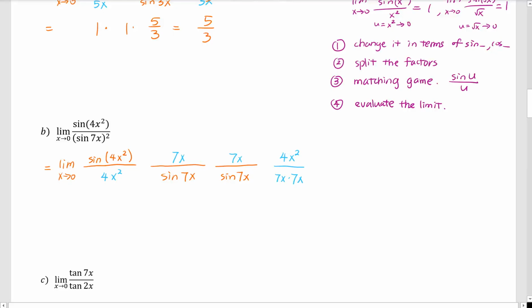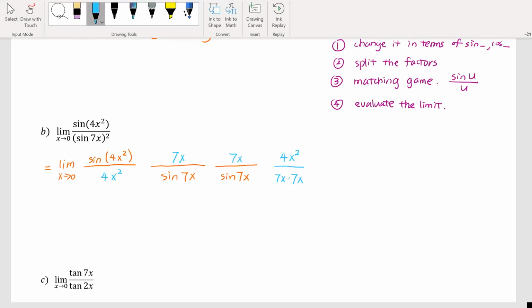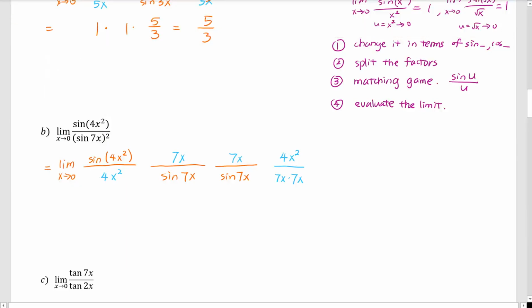So far, so good. See, if you use different colors, it's clear what you divided by, and then you multiply by that. You always divide and multiply by the same thing, so you're not changing the expression. You're not changing the limit. Okay, and then we're ready to evaluate the limits.